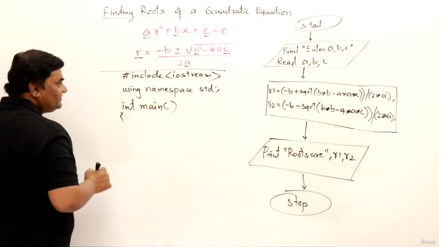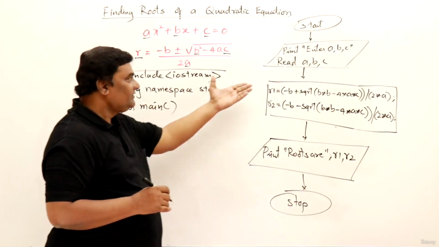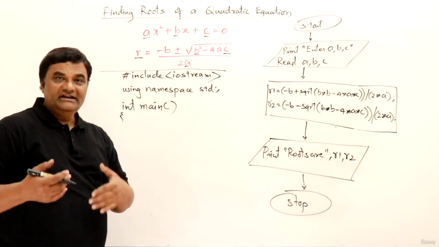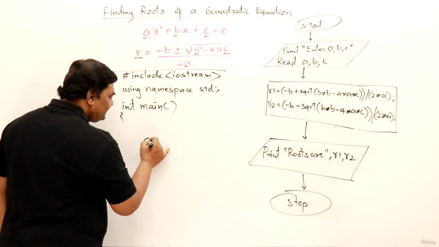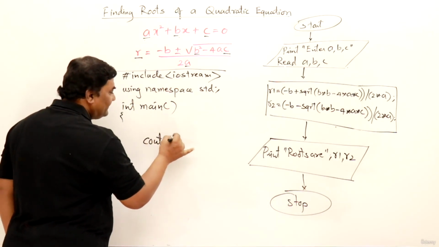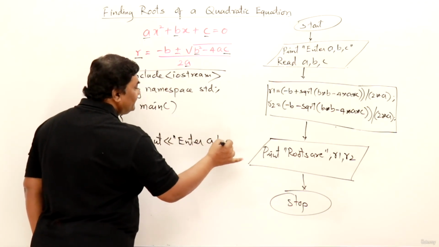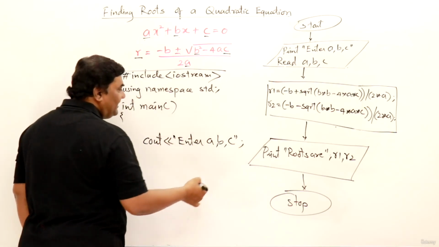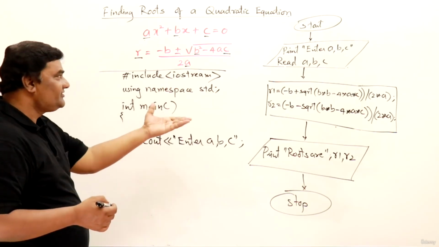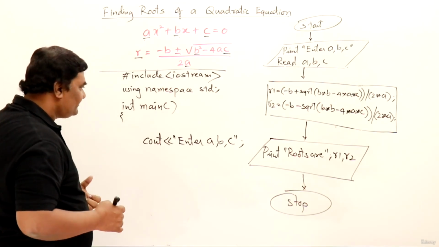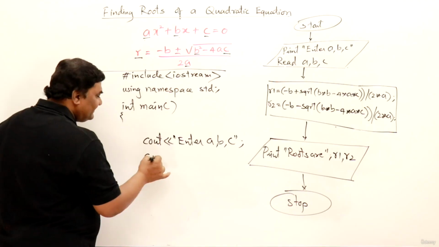Inside the main function, what is the first thing I should do? Take input, read a, b, c. So I should give a message with cout, enter a, b, c. The one who is using this program should know that a, b, c are the coefficients of a quadratic equation. Now I will be reading this a, b, c.